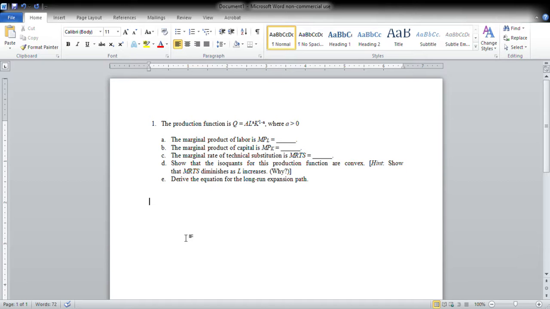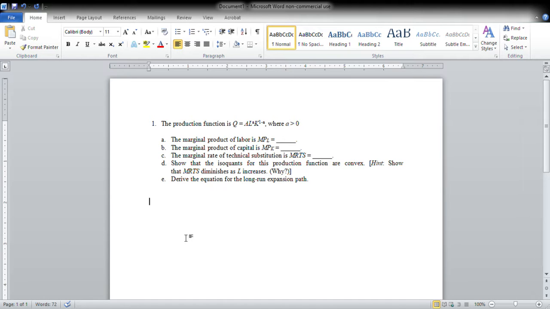So our problem says the production function is Q equals AL to the power of A, times K to the power of 1 minus A, where A is greater than 0. Okay, so what does this mean?